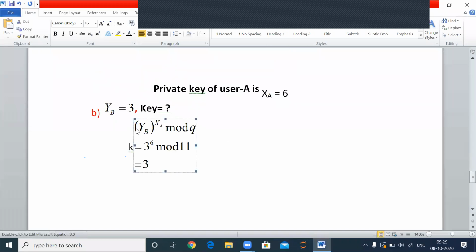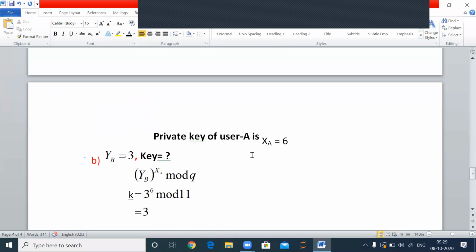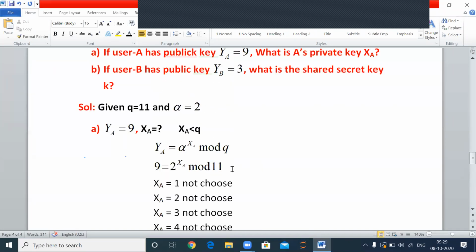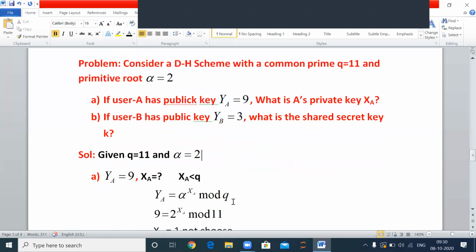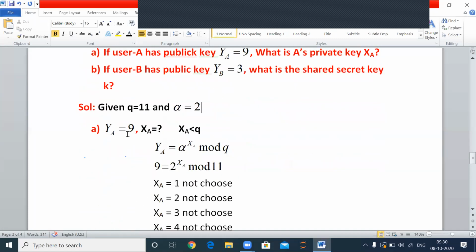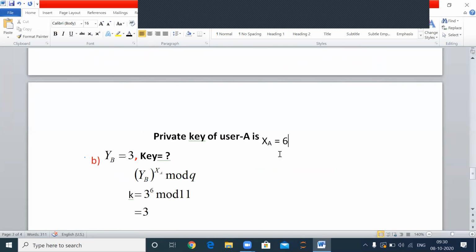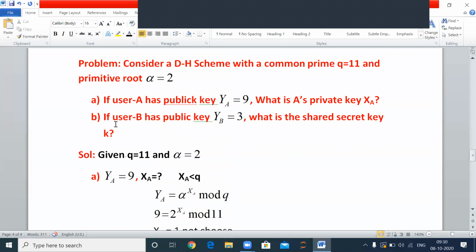This is the problem. For this, we write the solution like that. What is given: user A's public key is given, and what is A's private key. This is the way we have to solve it. In the second problem, user B has the public key, and what is the shared secret key?